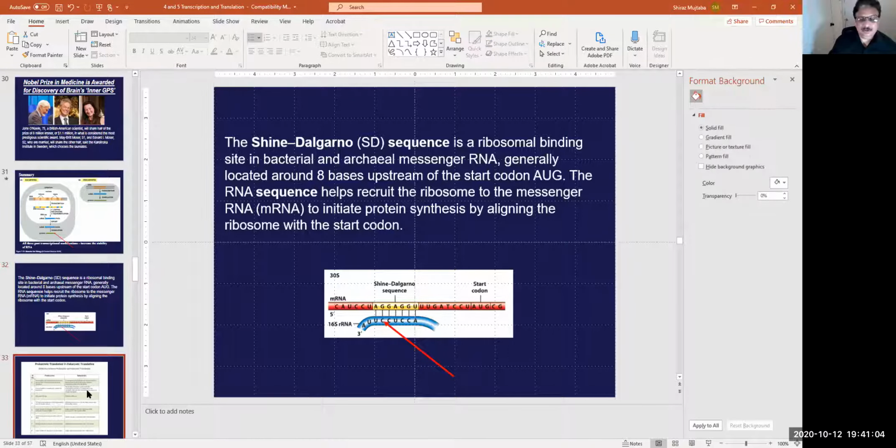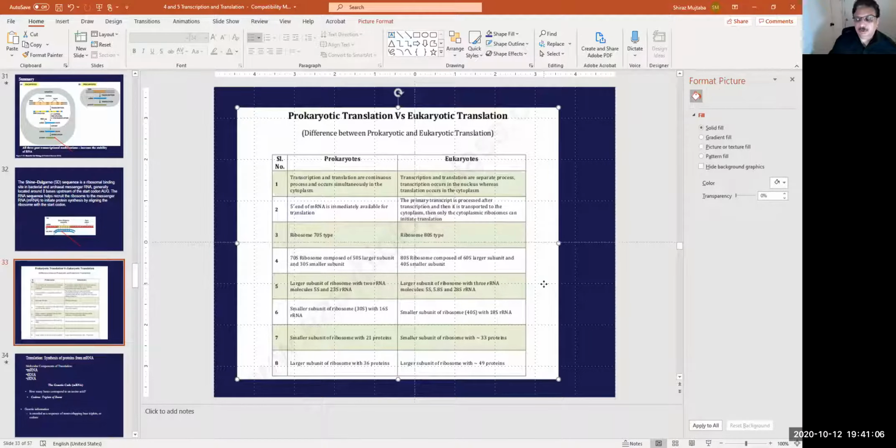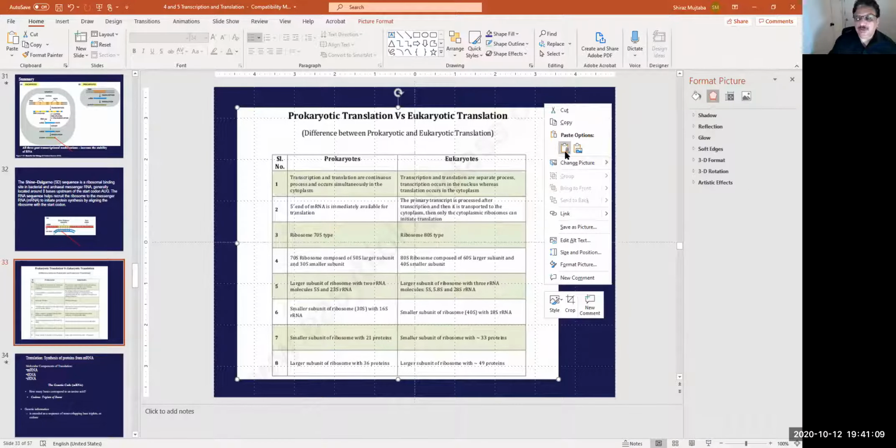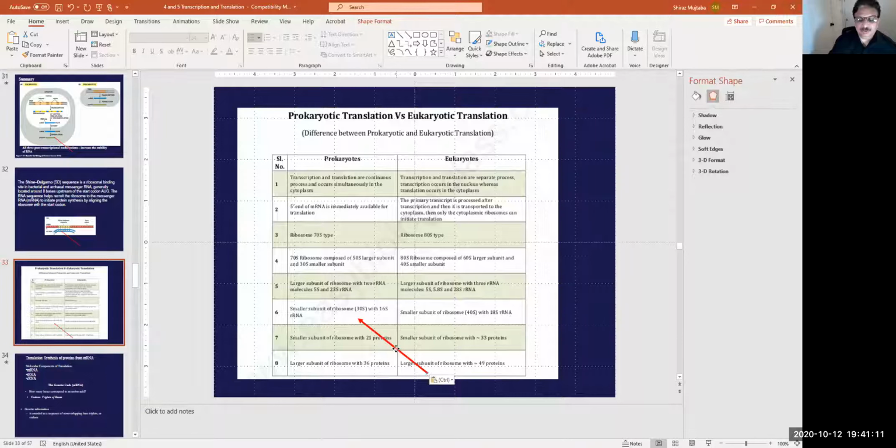Now, let's review before we enter into the details of translation. What are the salient differences between prokaryotic and eukaryotic transcription? As I mentioned, in prokaryotes it is continuous, whereas in eukaryotes there are post-transcriptional changes, then export to the cytoplasm through the nuclear pore.